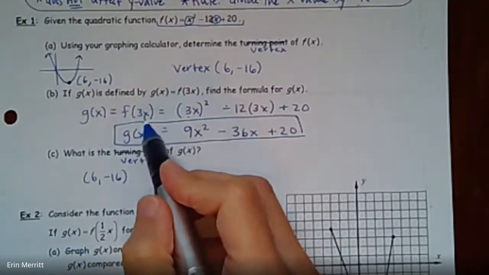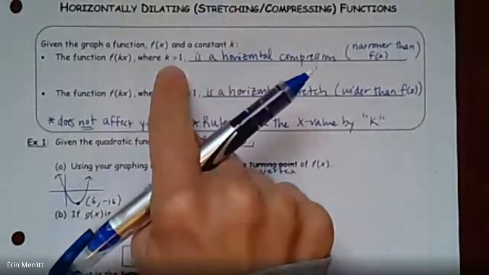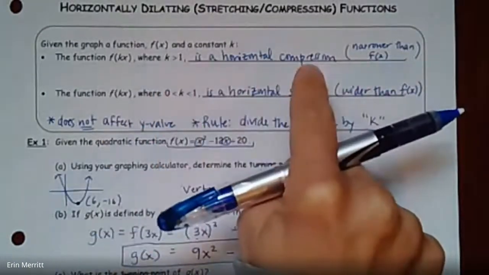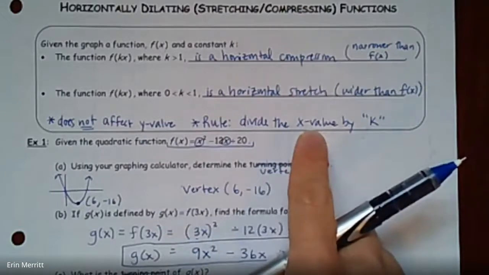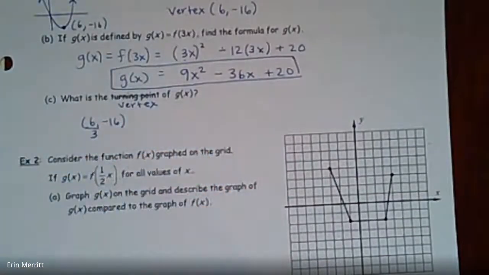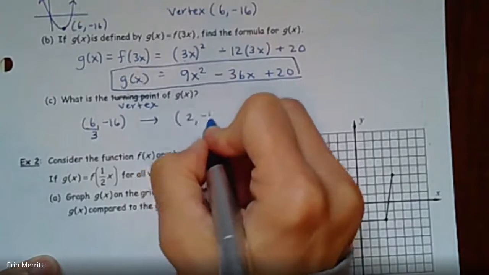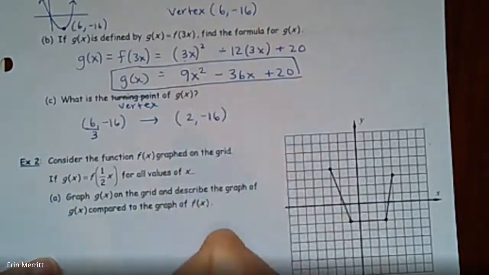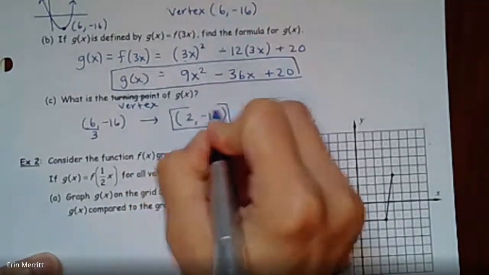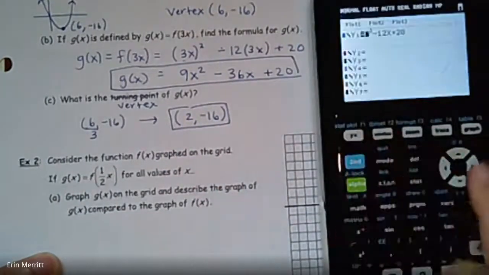If we do f of 3x, when the number in front is bigger than 1, that's going to be a compression, and you're going to divide the x value by whatever that number is. So I would take the x value and divide it by the 3. Based on that, this should now be the point 2, negative 16. So if I trust the rule, that should be it. My other option would be to go to the calculator and actually try it out.